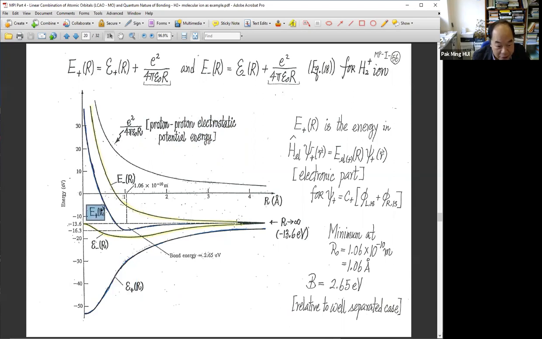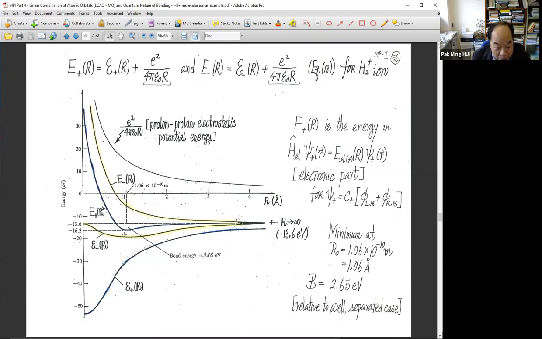Now, this is the important line, this one. Follow my cross, go down to a minimum, and then go up a little bit. At this point, you already see one electron can really form a binding potential energy profile.